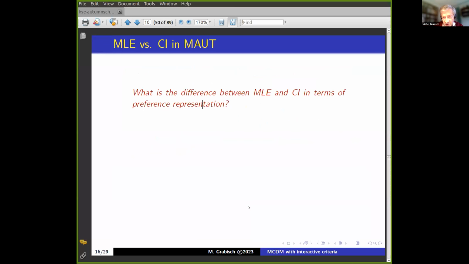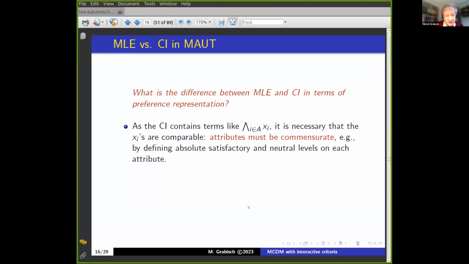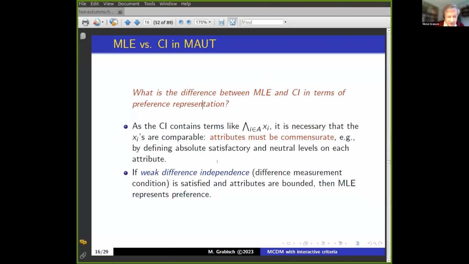So in summary, if I ask again this question, the answer is the following. If you satisfy weak difference independence, you must take the multilinear extension model. If not, in order to use the Choquet integral model, it's not free.